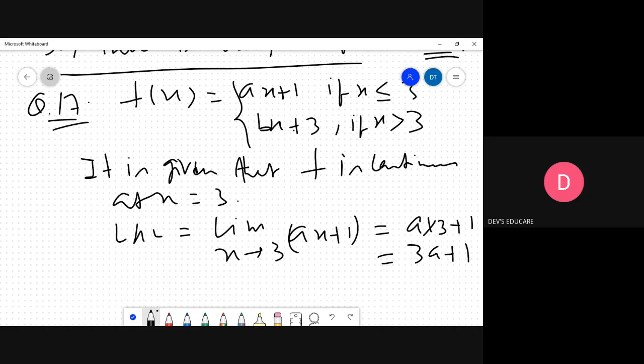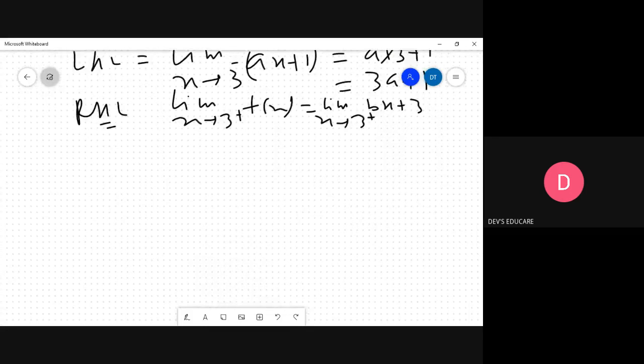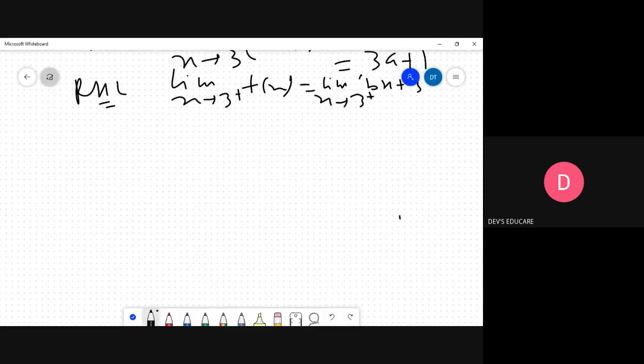And RHL, limit x tends to 3 plus f(x) equals limit x tends to 3 plus bx plus 3, which is 3b plus 3.